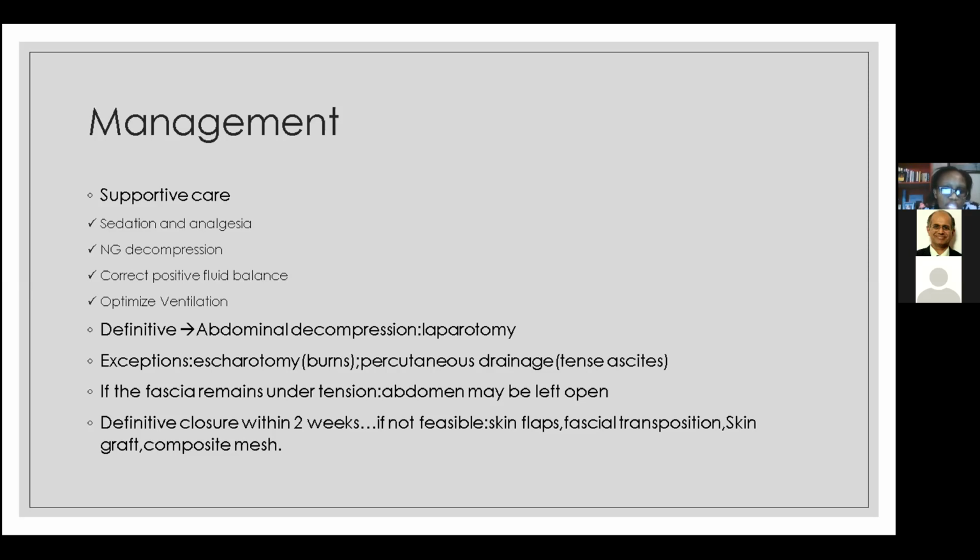So the exceptions for doing a laparotomy, as I mentioned: patients with burns will need an escharotomy, and patients with tense ascites will need a percutaneous drainage. They even mentioned that you can do a percutaneous drainage of ascites even if you're planning to take the patient for a laparotomy, as it might relieve the compartment and help with the overall clinical condition of the patient prior to theater.